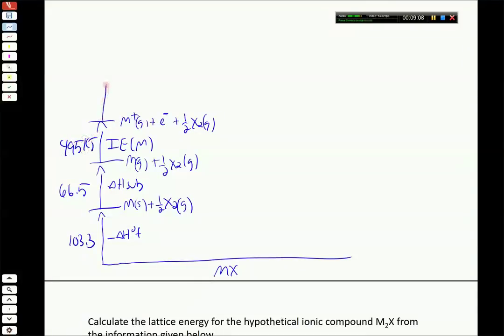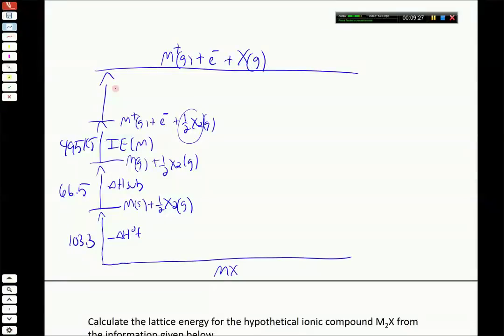Alright, and then the next step, that's the last endothermic step, is going to be to dissociate X2 into X. So we're going to take this 1/2 X2 and break it up into just X's. So 1/2 X2 goes to 1 X. Keep everything balanced, and this is going to be then 1/2 times the bond dissociation energy.